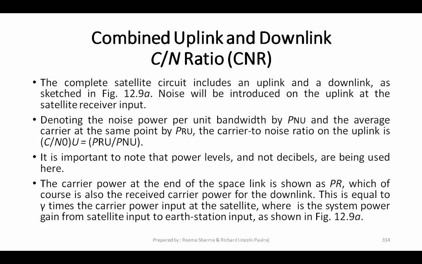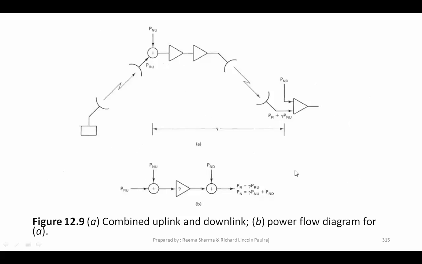This is equal to gamma times the carrier power input at the satellite, where gamma is the system power gain from satellite input to Earth station output. If we model this in the form of a block diagram, you can see we have taken the same thing.